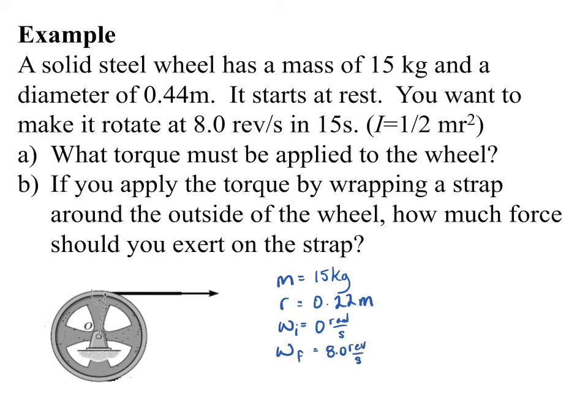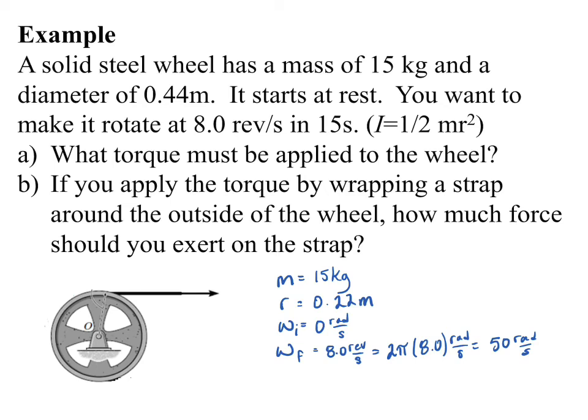Problem is we don't want revolutions per second, we always want radians per second. Remember, we just multiply that by 2 pi because 1 revolution is 2 pi. So 8 revolutions is going to be 2 pi times 8, giving us radians per second. That'd be 16 pi, or if we calculate that, about 50 radians per second.